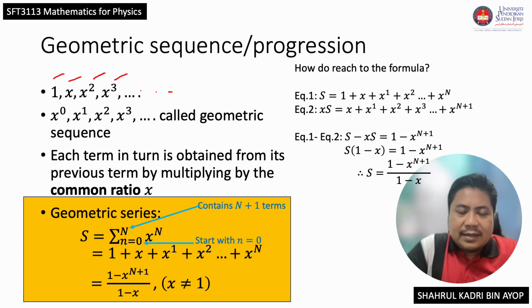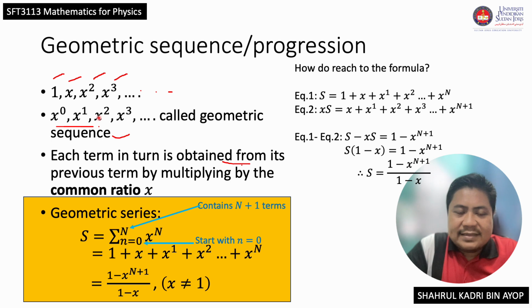And x, if we don't put any power, is already to the power of 1. So this sequence is a type of what we call a geometric sequence. In this geometric sequence, each following term is obtained from its previous term by multiplying with the common ratio x.